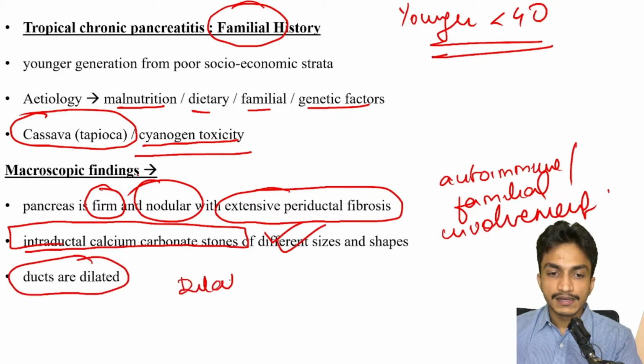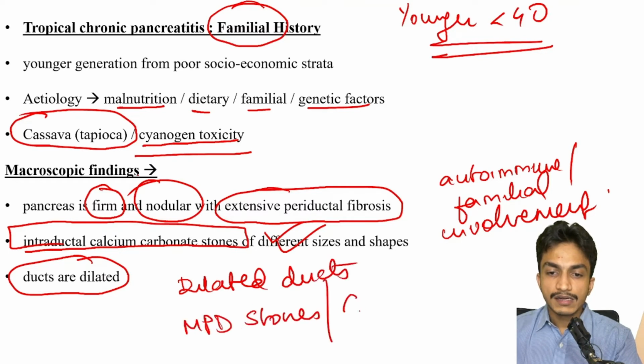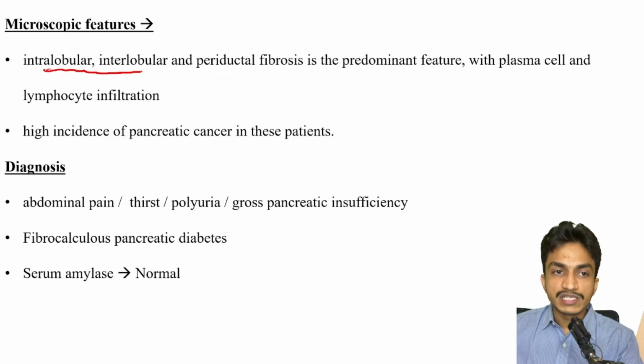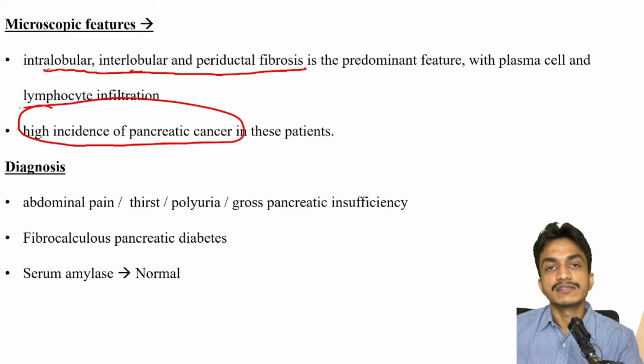So dilated ducts, stones, and a fibrosed hard pancreas like chronic pancreatitis. If you see the microscopy, there will be fibrosis everywhere, that is interlobular and periductal, which is a prominent feature. Also, because of the fibrosis, it can convert into dysplasia and cancer, so they have a high incidence of pancreatic cancer.